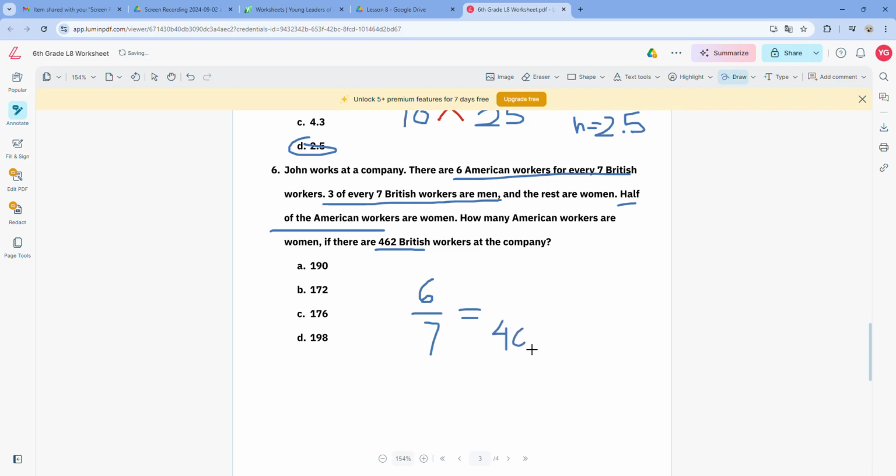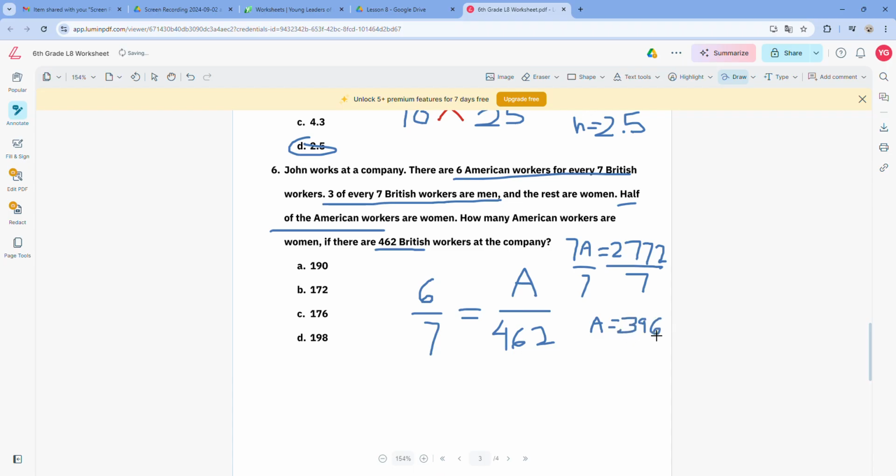So we know that there are 6 American workers for every 7 British workers, and there are 462 British workers. So by doing this, we can find the amount of American workers. Once again, you want to cross multiply, so that would get you 7A is equal to 2,772, and by dividing both sides by 7, that would get you 396.